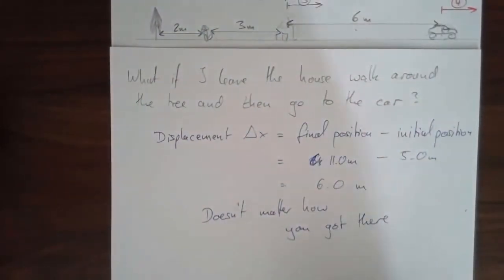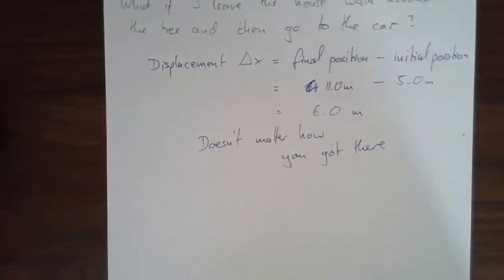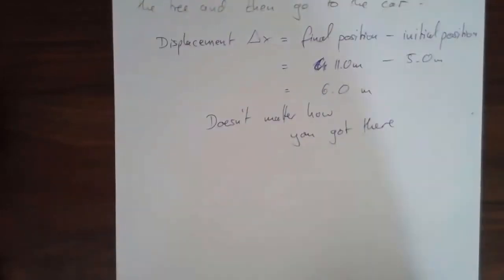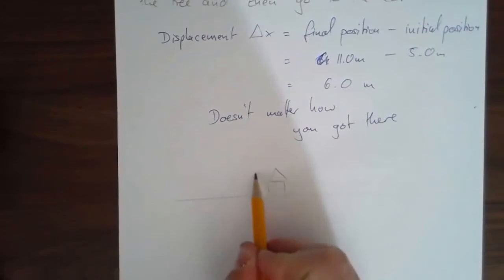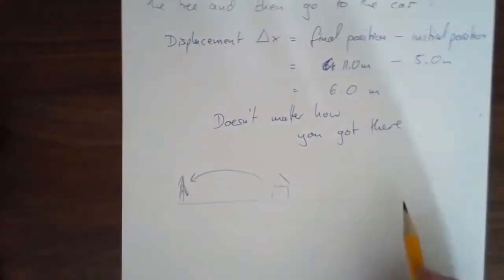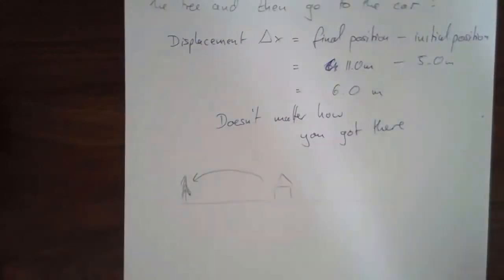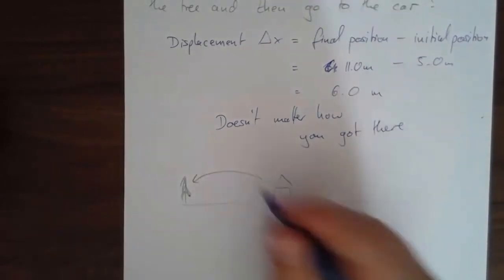Now, you could have split up the calculation into 2 chunks. That would be an option. Let me just draw this picture again. Here's my house, going here to the tree. Going from here to here in the blue coordinate system, that would have been going from position 5 to position 0.